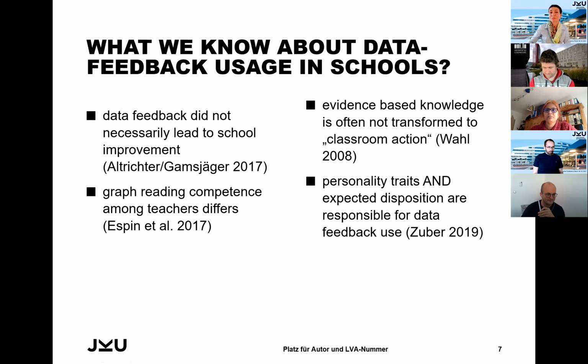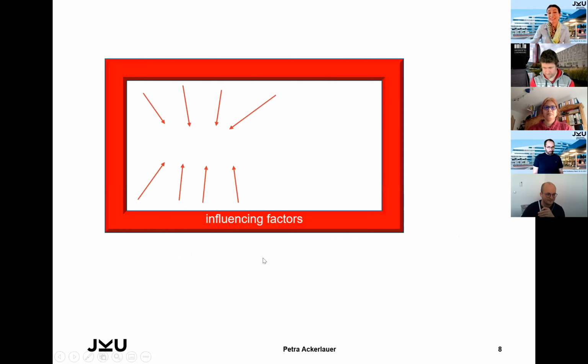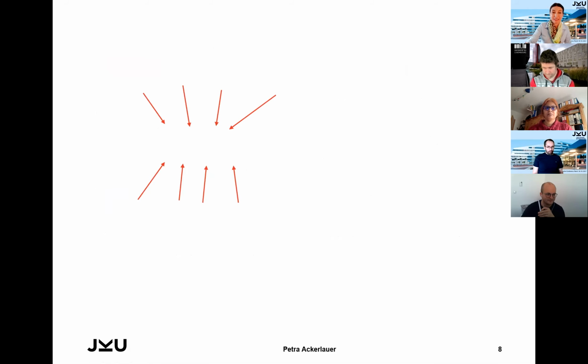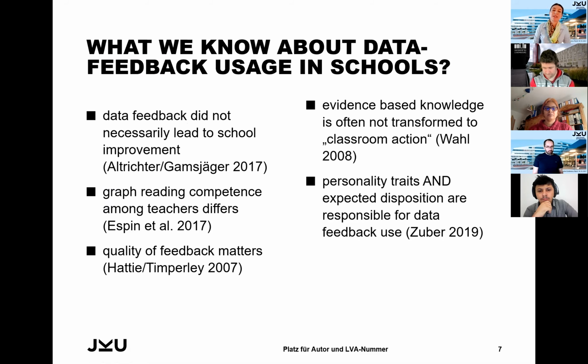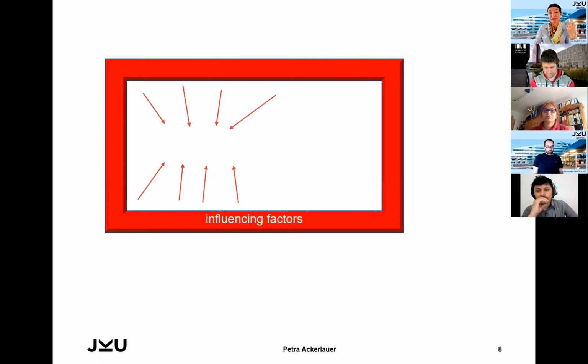And why is that? That's the next thing, because just going back, for example, one thing is the quality of the feedback. It's not the same how the feedback is and what it wants to feed back. It makes a difference.